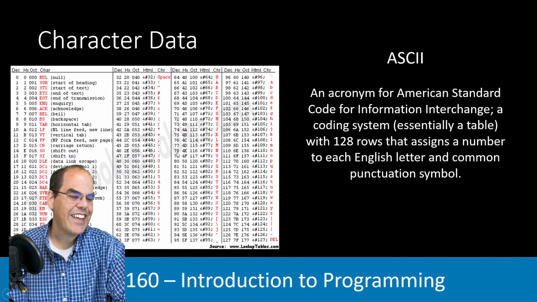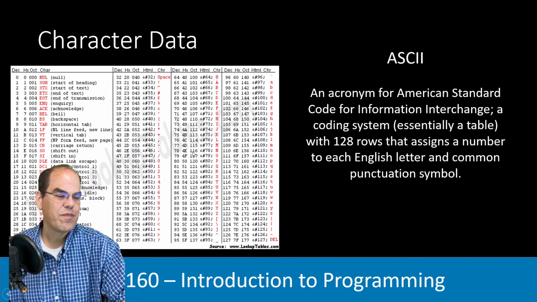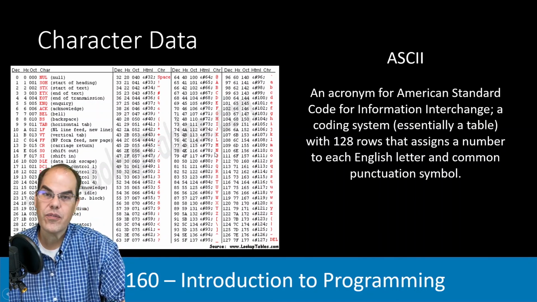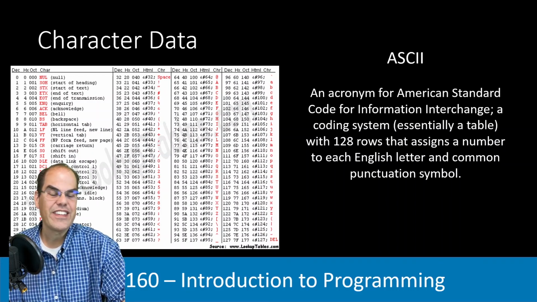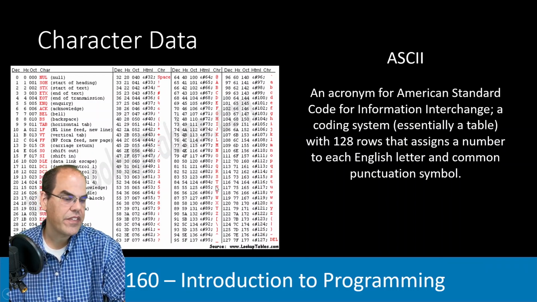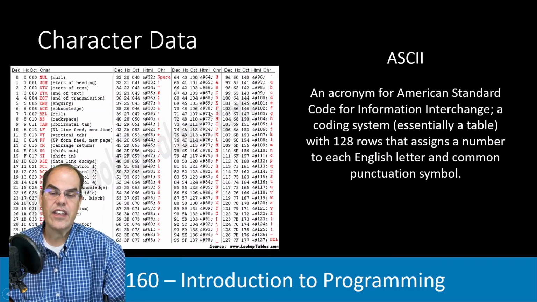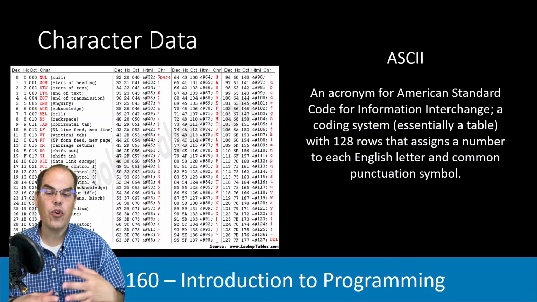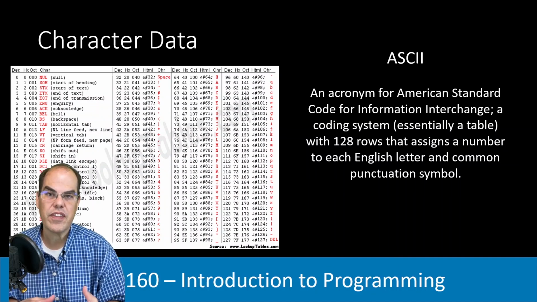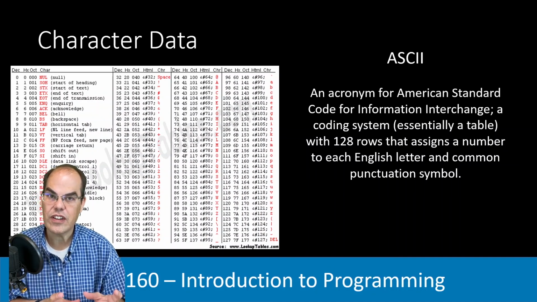Say the number is 78 right here. That number 78 represents an H. Likewise, 84 represents a T, and 70 represents an F. Those are the numbers that represent the different characters, the different letters.